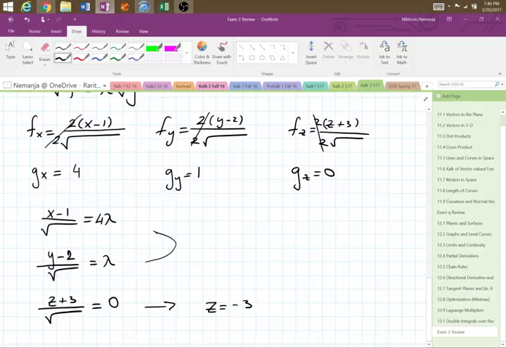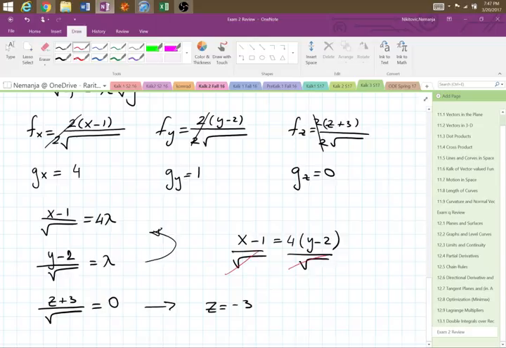Now we equate these two equations for lambda. The square roots will cancel immediately, and I will have that x minus 1 is equal to 4 times y minus 2. They're both divided by the square root, and when you multiply both sides, those square roots disappear. Maybe I write those square roots there and then just kill them.